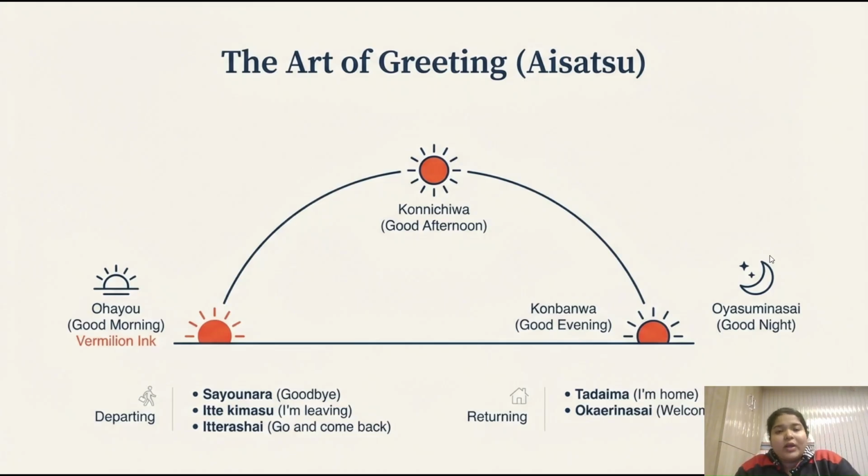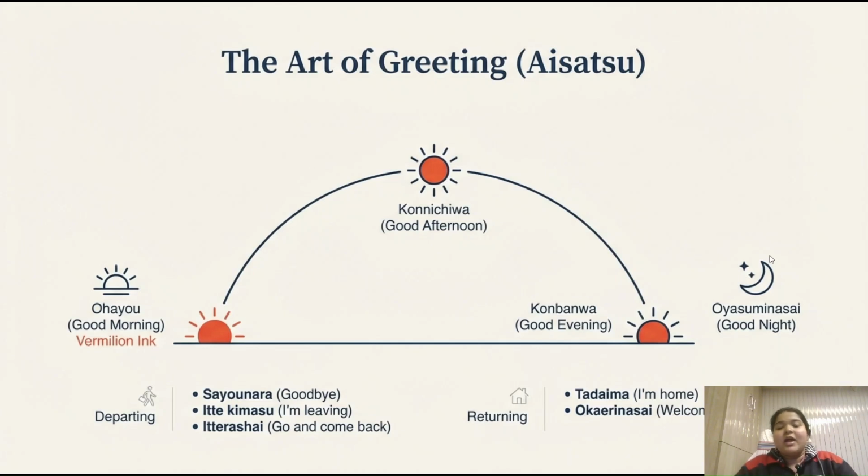When you are saying that I'll just go out and eventually I'll come back, it is going to be itterasai. After you are back to your home, your uchi, you're going to say tadaima, I am home.